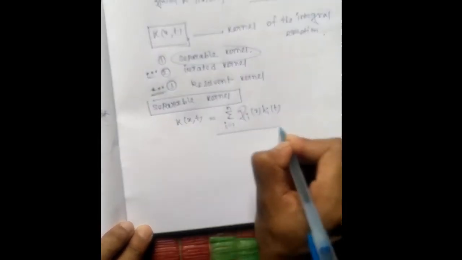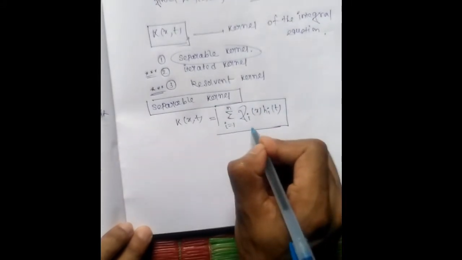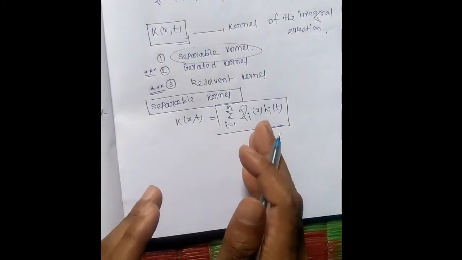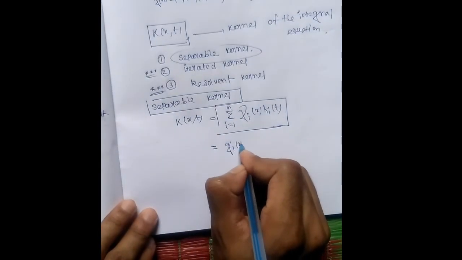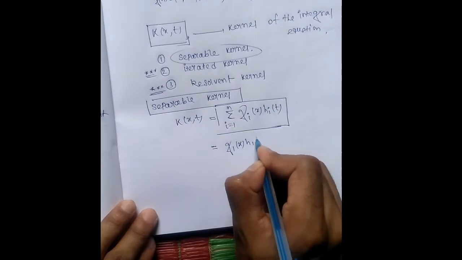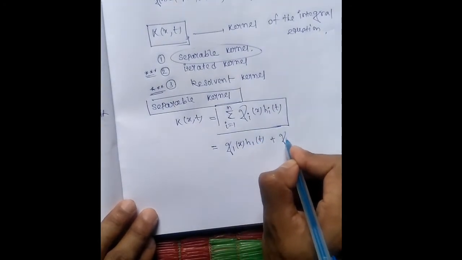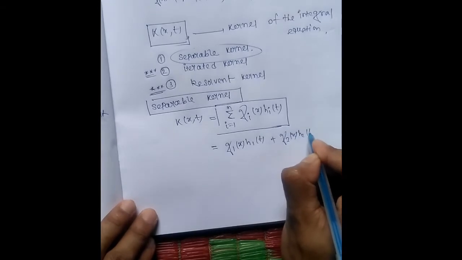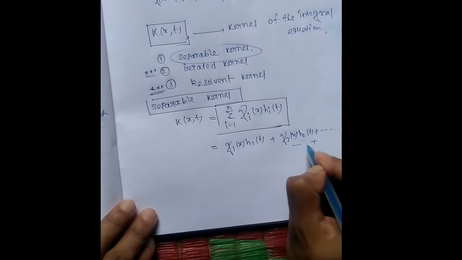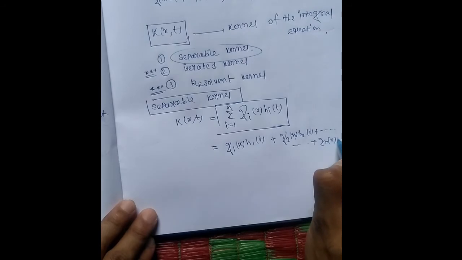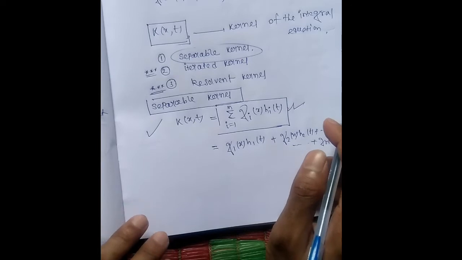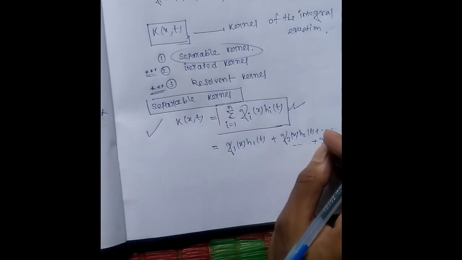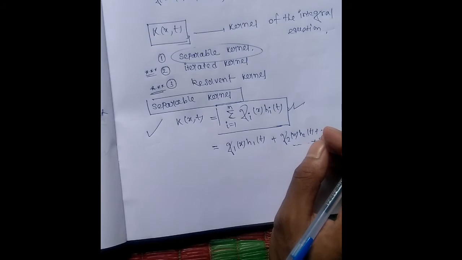This is a sum of a finite number of terms where each term is a product of a function of x only and a function of t only. That is, this can be written as g1(x) h1(t), g2(x) h2(t), up to gn(x) hn(t). So a separable kernel is a sum of a finite number of terms where each term is a product of a function of x only and a function of t only.